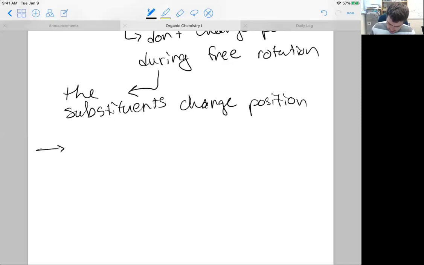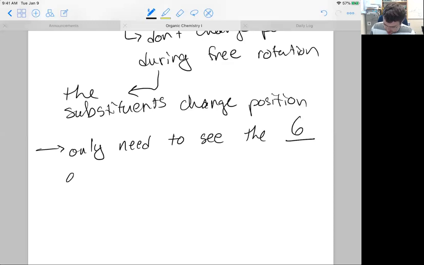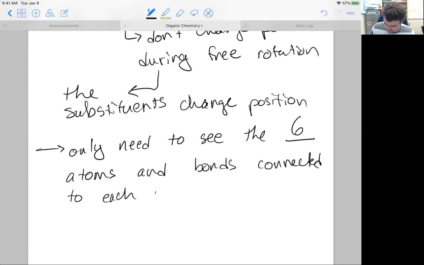So I only need to see the 6 atoms and bonds connected to each carbon. So it's that number 6 that's important here. Okay, these 2 elements don't matter, and really this bond doesn't matter. So it's the 3 bonds and the 3 elements attached to either one of the carbons, or the 6 atoms total.